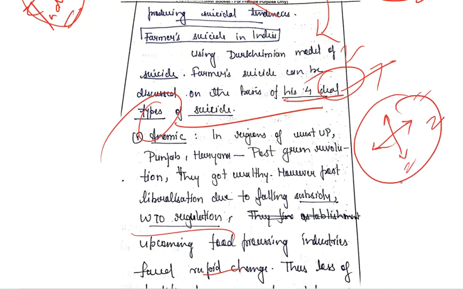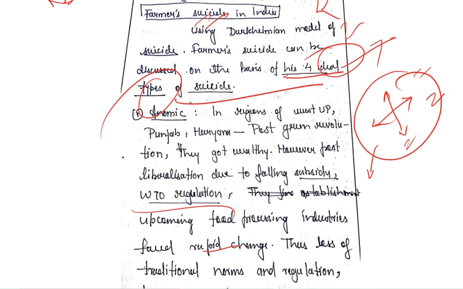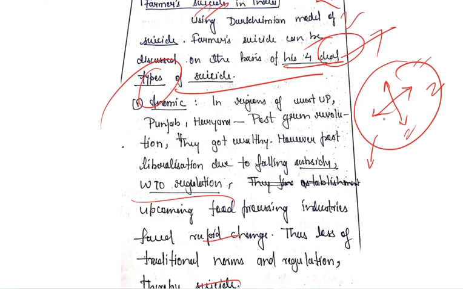Then when you are covering the sociological factors for farmer suicide, one of the components in the second part of the answer can be the linking to these four types of suicide.